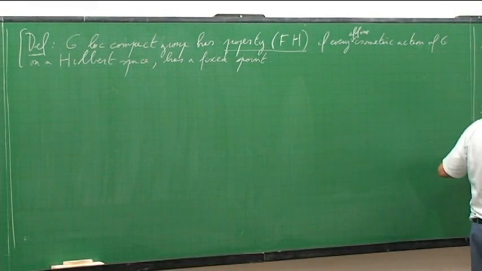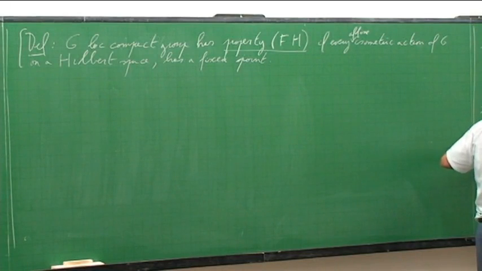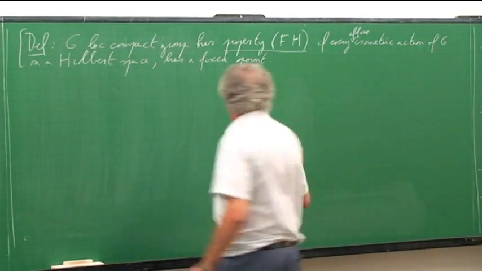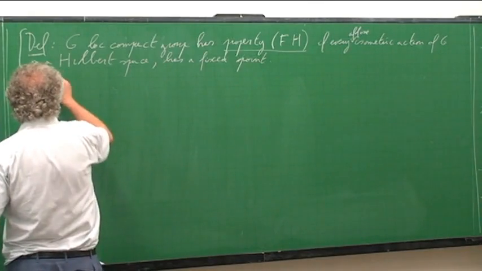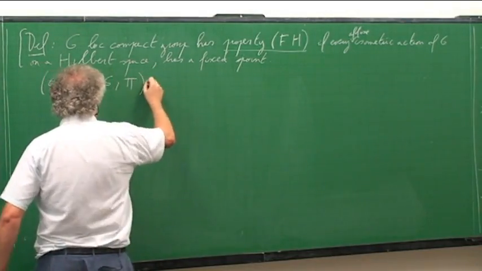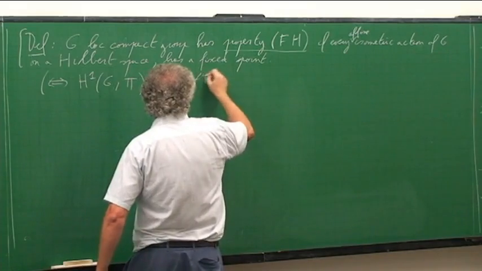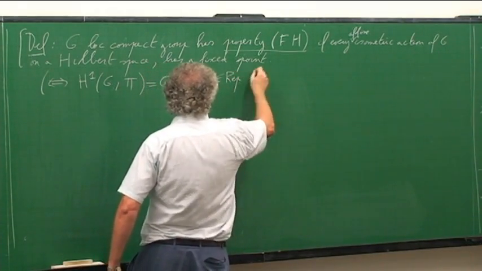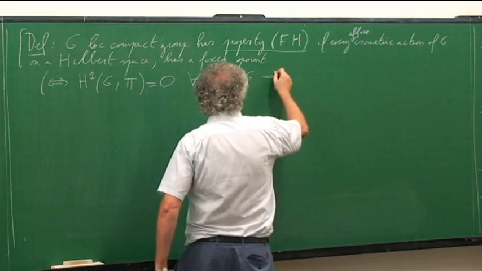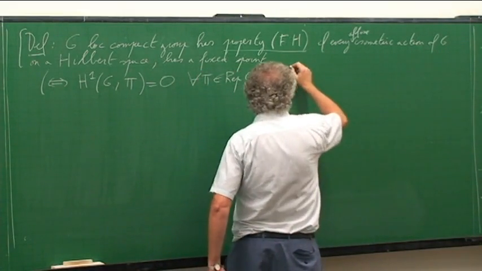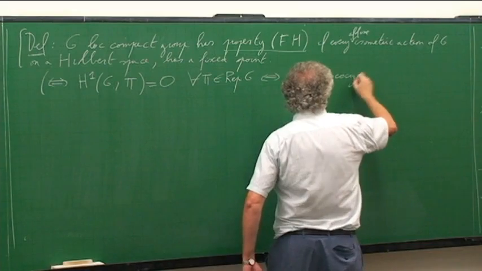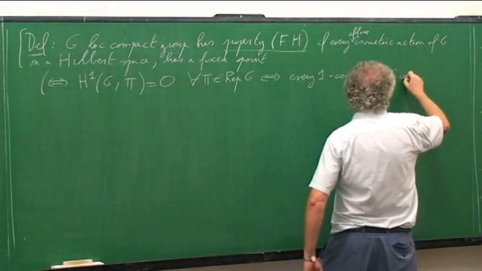So we require that every affine isometric action of G has a fixed point. This means, still equivalent by the dictionary, that H^1(G, π) is 0 for every orthogonal representation π, and this is still equivalent to requiring that every 1-cocycle on G is bounded.